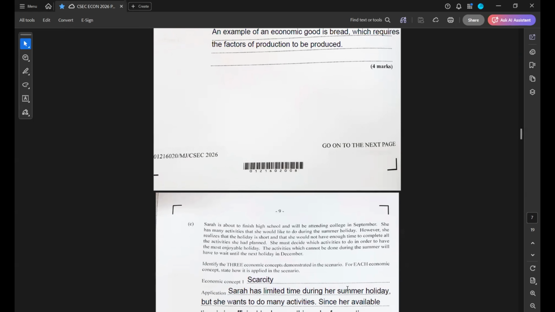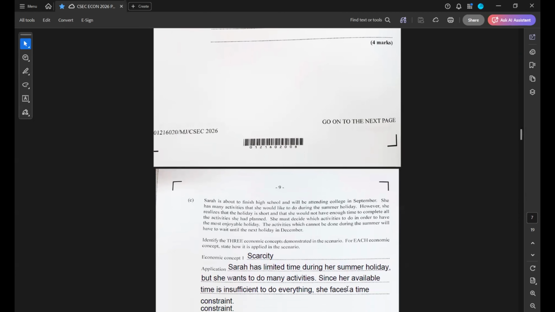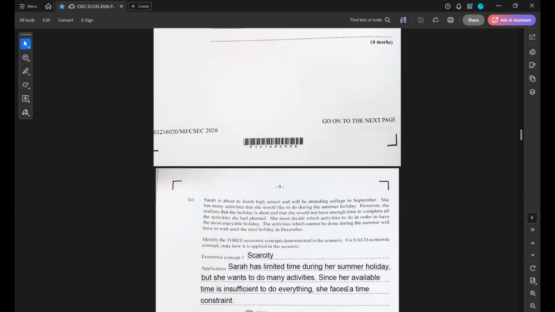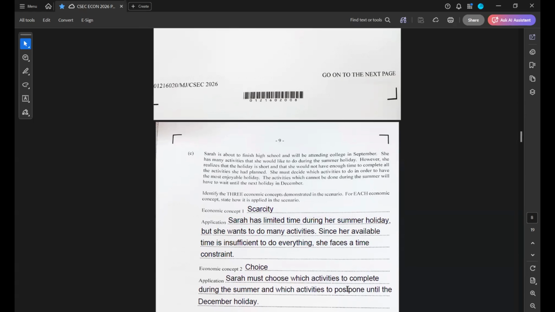So economic concept 1, we have scarcity. So the application is that Sarah has limited time during a summer holiday, but she wants to do many activities. Since her available time is insufficient to do everything, she faces a time constraint. The next concept is choice.